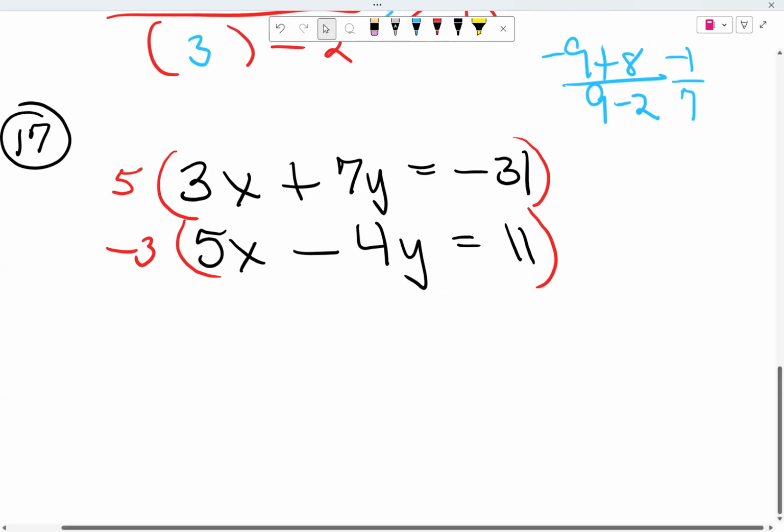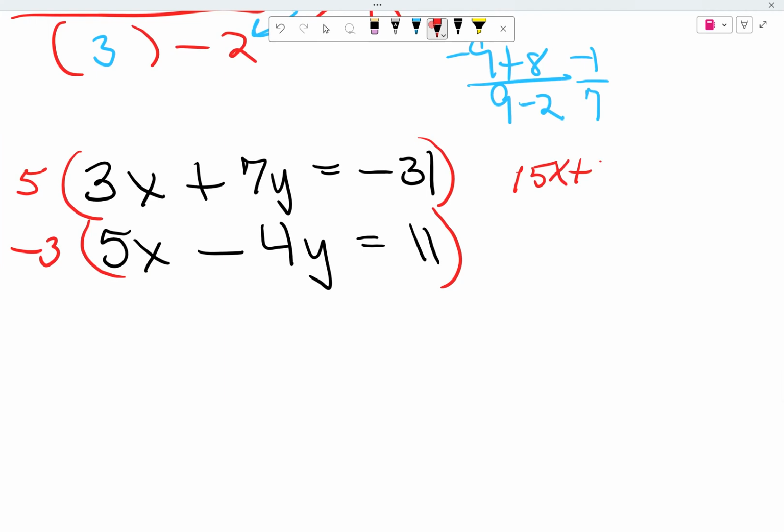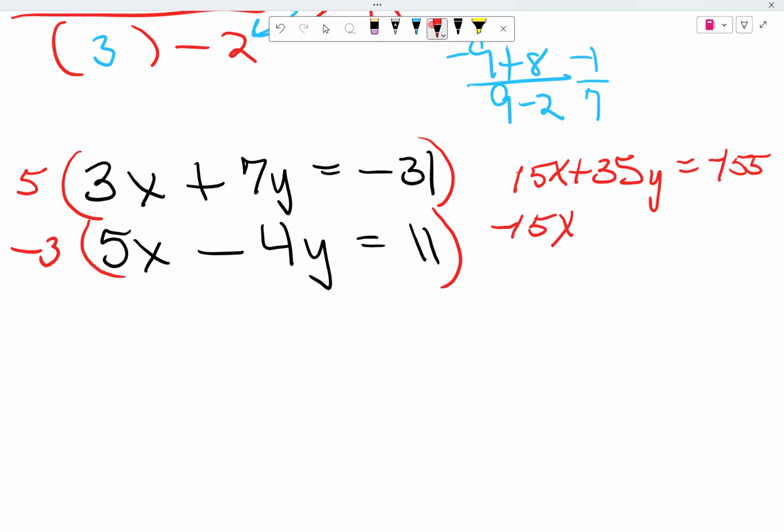That's fine too. So if I distribute the 5, I'm getting 15x plus 35y is equal to negative 155. And if I distribute the negative 3, I get negative 15x, which I want because I want it to cancel, plus 12y.